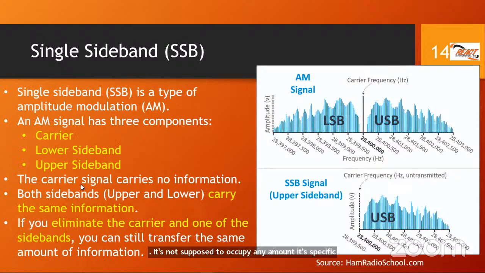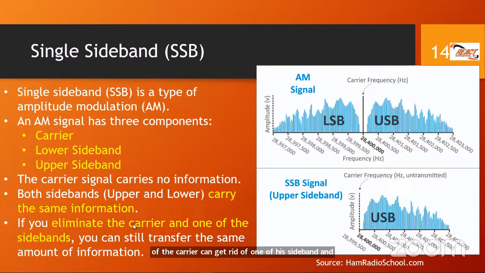We also need to be aware that the carrier signal actually carries no information. It's just the carrier to get there. It's just like the bus that gets you there, but what you're interested in is the load. Both sidebands carry the same information. That's what we just said. One is a sort of mirror of the other, so you don't actually need all of them. You can get rid of the carrier and one of the sidebands, and you will have the information that you need, which is the point of the last bullet here.